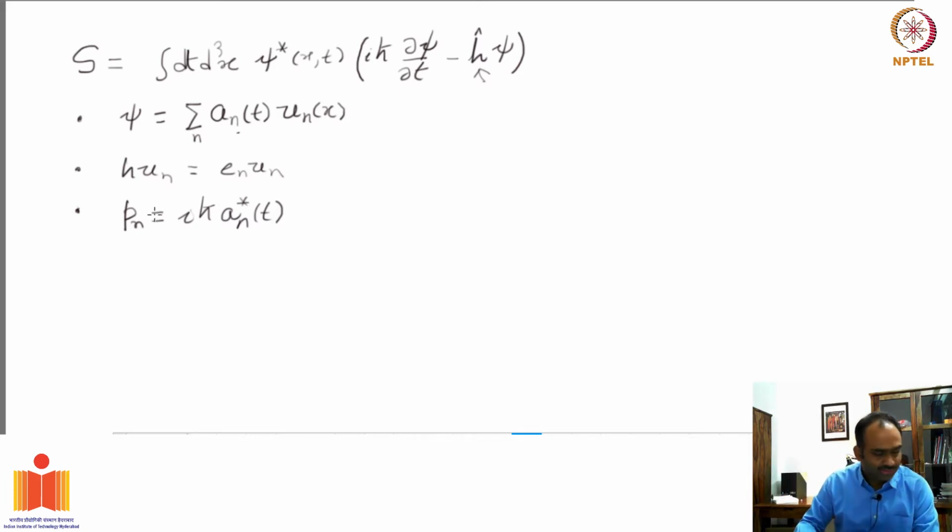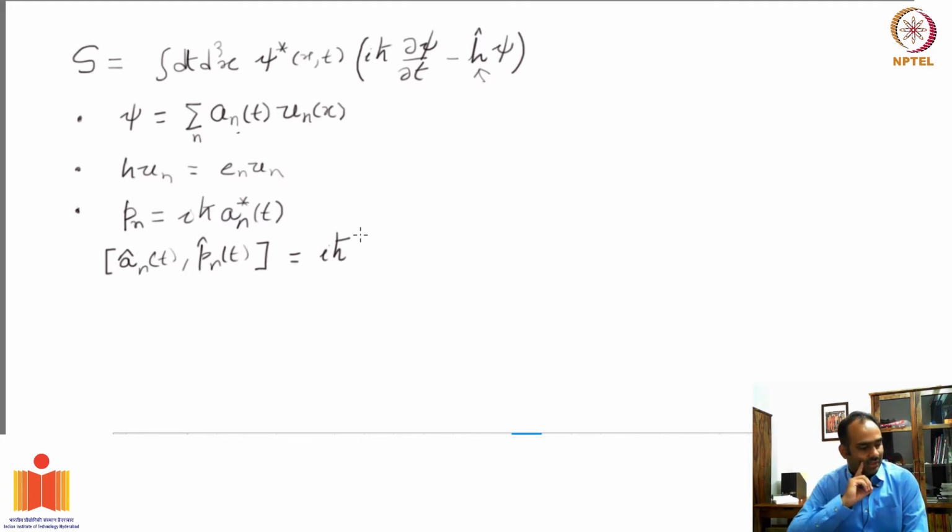Okay, so if I do that, we saw that we get, let me put a hat now because I am saying these are operators. Okay, and if I impose the commutation relation, then this is i h bar.